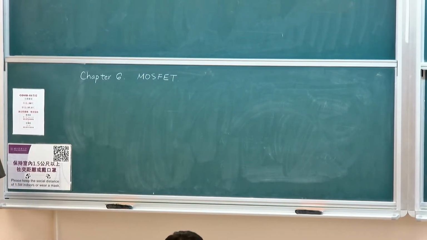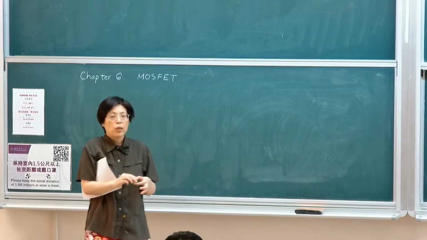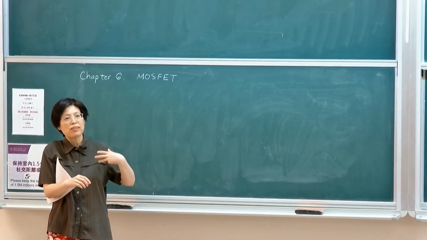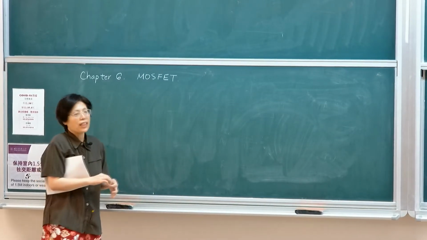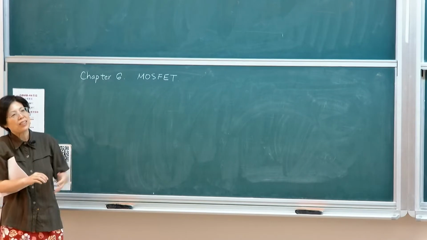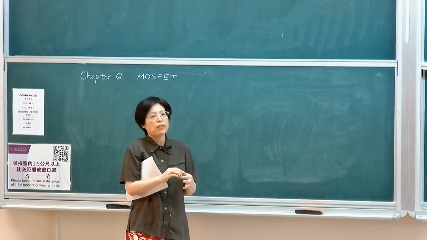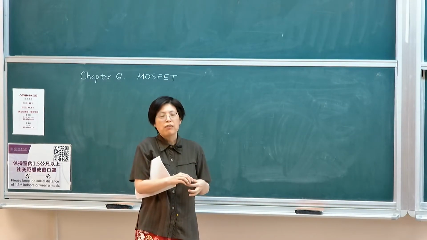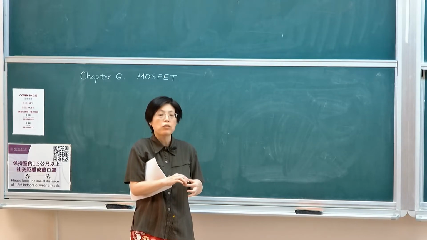Even though we spent like four weeks on bipolar junction transistors, when I was taking device or circuit analysis courses maybe 20, 25 years ago, most of the textbooks, especially analog circuit textbooks, focused a lot on bipolar junction transistor circuits.